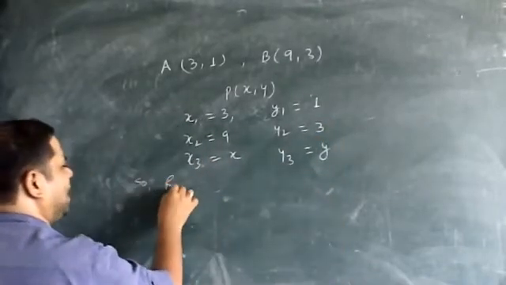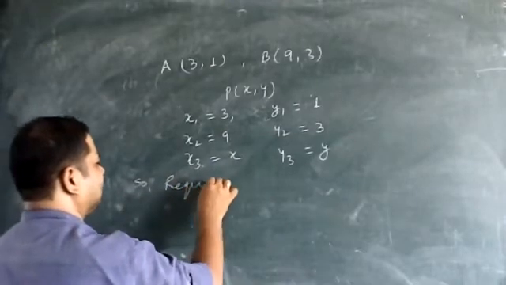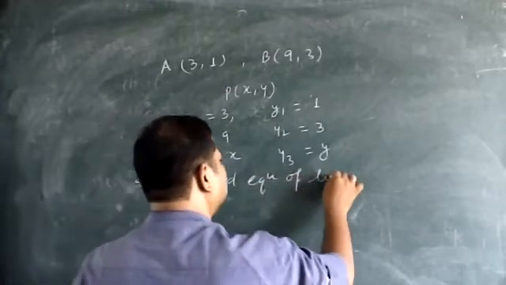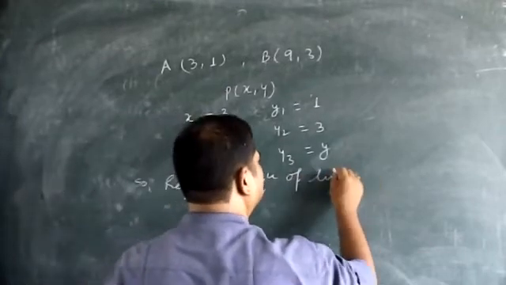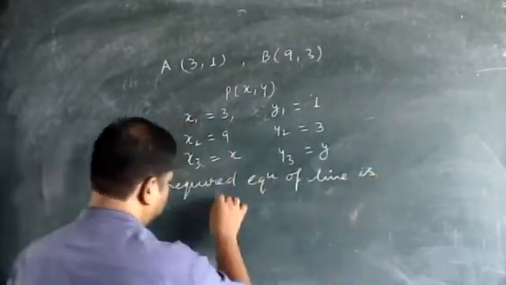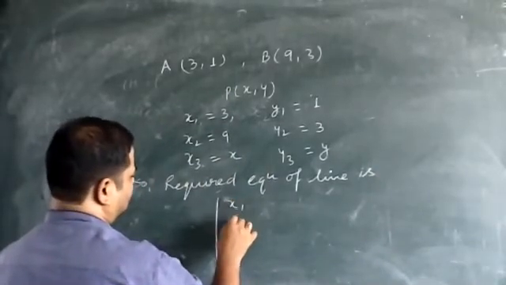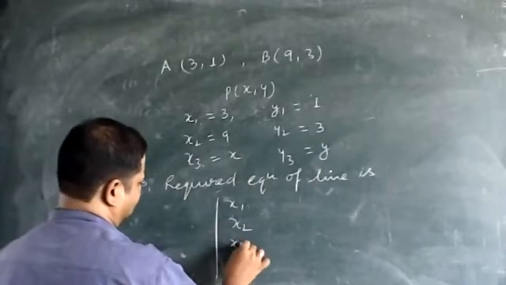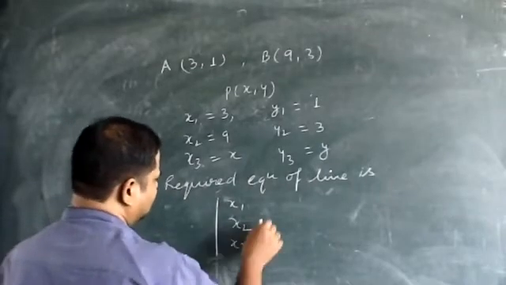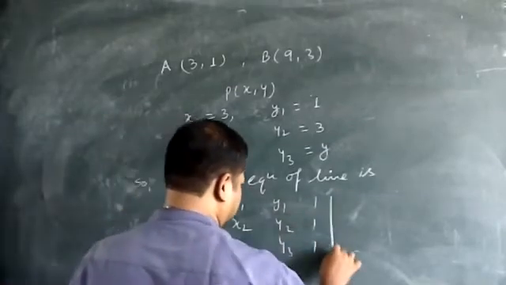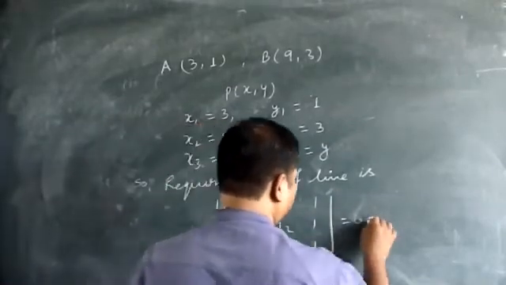So the required equation of the line using the determinant is the determinant with rows x1, x2, x3; y1, y2, y3; 1, 1, 1, equal to 0.